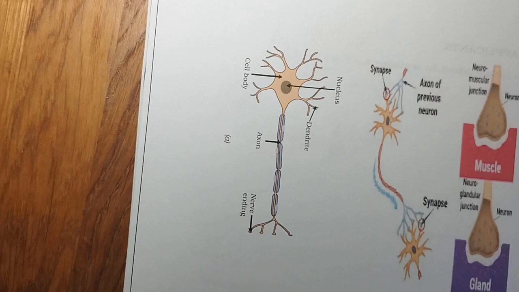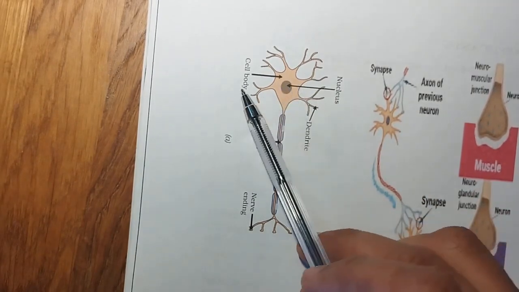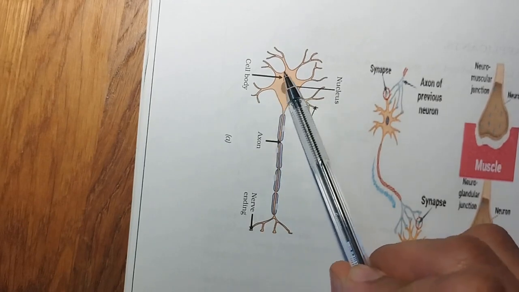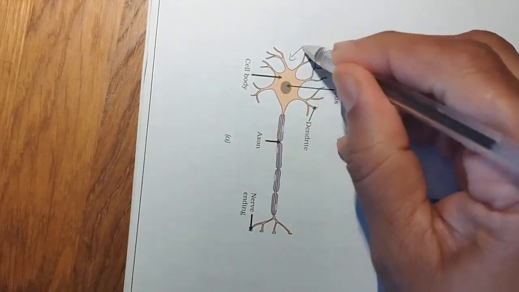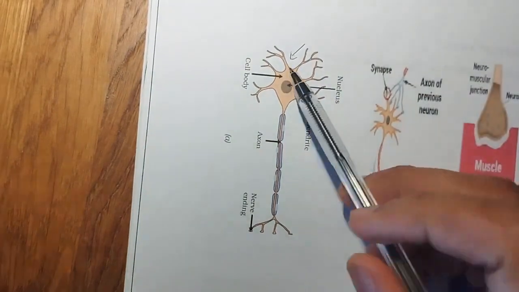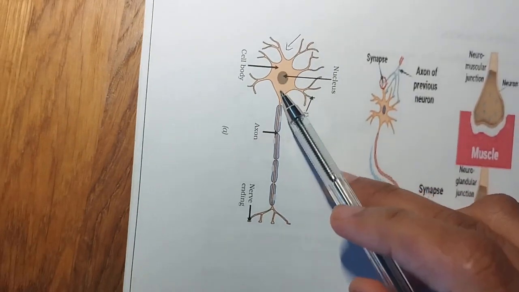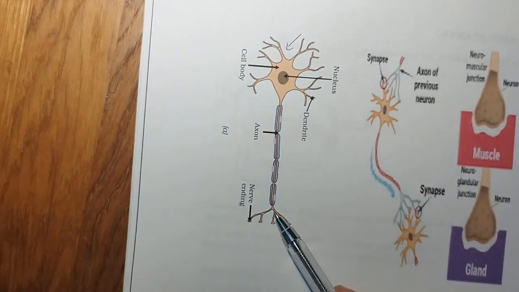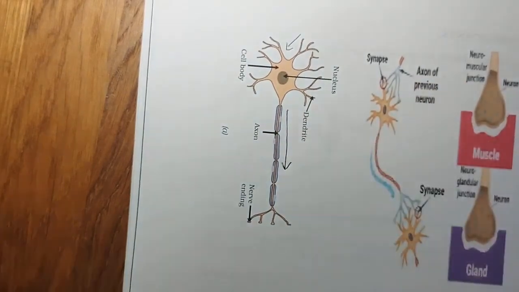The nerve cell has got dendrites. These are the fibers that carry signal towards the nerve cell. The dendrites will carry signal, that is impulse, towards the nerve cell body, and there is a single axon, multiple dendrites and a single axon, that carries impulse away from the nerve cell body.